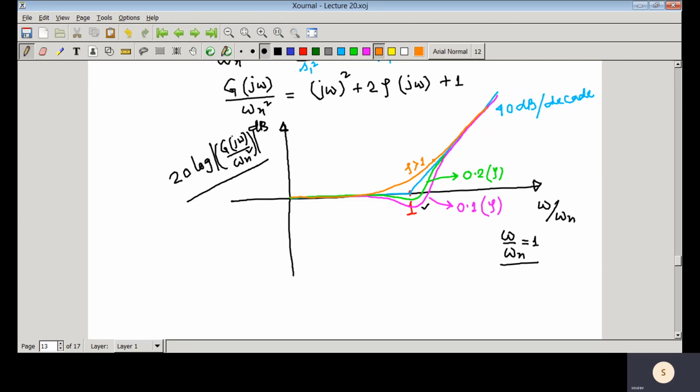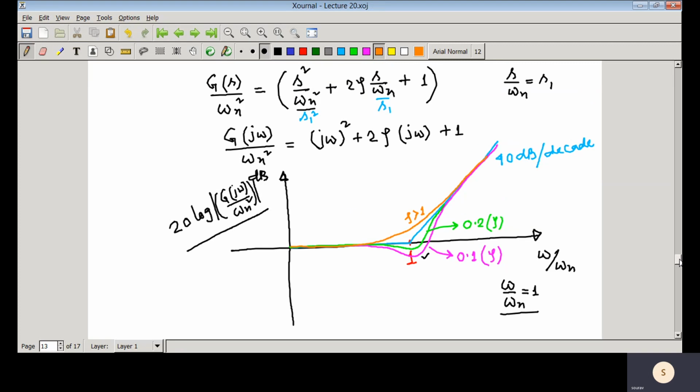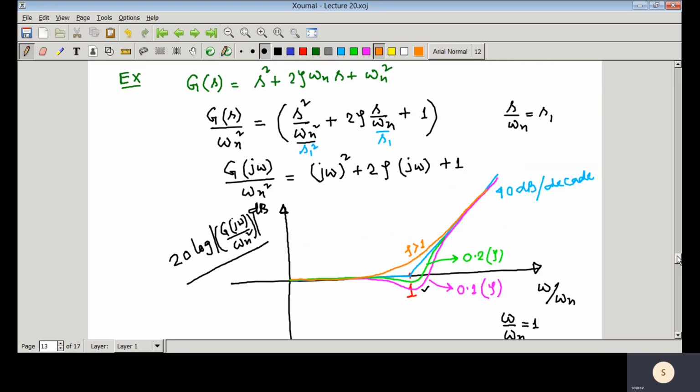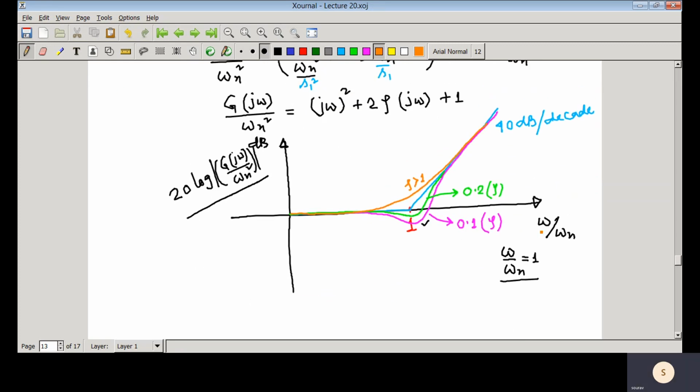So what we have seen here, that means whenever we have a second order term, we can represent it in normalized form that we have discussed in the last class, and in the x-axis it is represented in the form of omega by omega n, that is in scaling form, and in the y-axis it is 20 log of G(j omega) by omega n square.